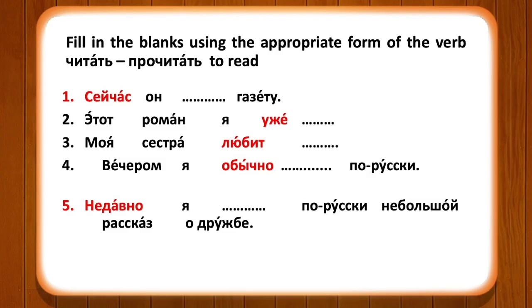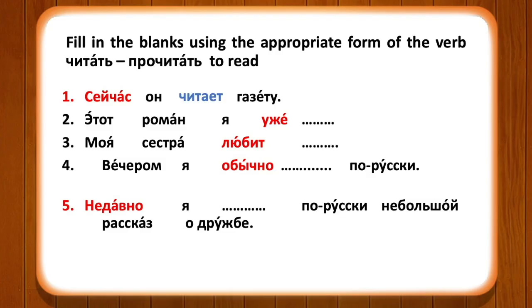In the first sentence, сейчас он dash газету. Here, the verb that you will be using will be of imperfective aspect. Why? Because of the adverb сейчас. Сейчас means now. That means the action is taking place right now. Сейчас он читает газету.